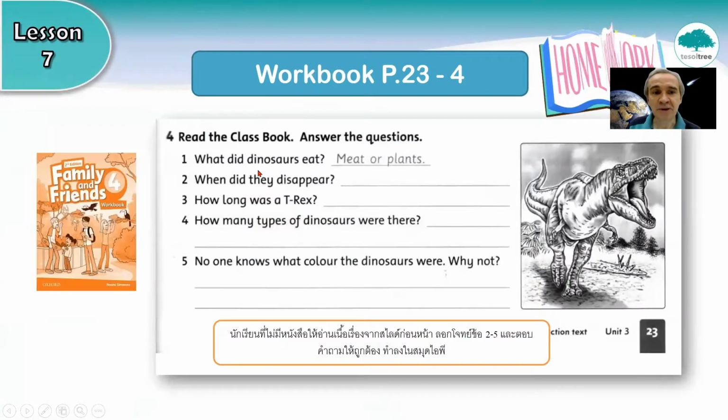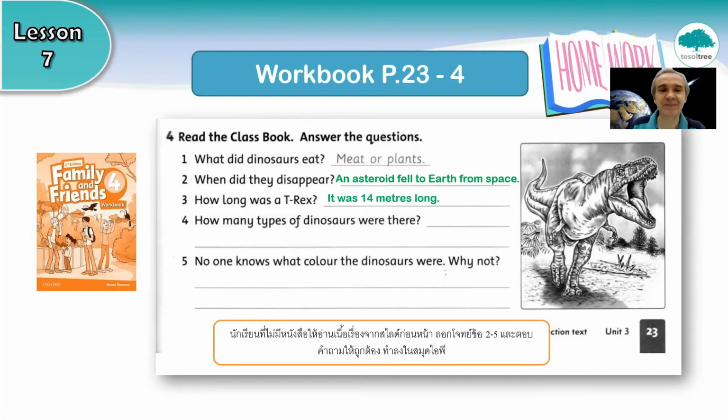So, as we know, what did dinosaurs eat? Meat or plants? Now, when did they disappear? The answer was when an asteroid fell to Earth from space. Now, how long was a T-Rex? It was 14 meters long.